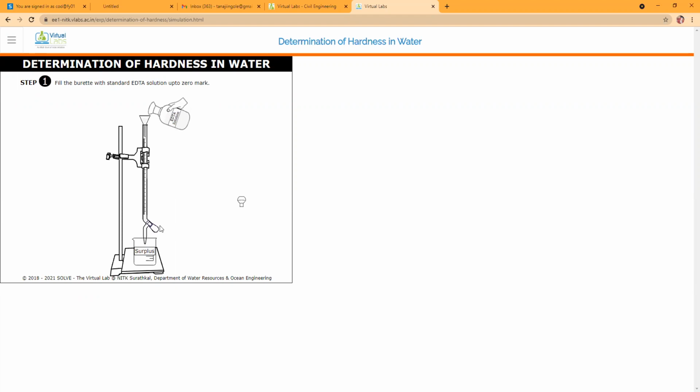Filling of EDTA solution up to the 0 mark. Next, remove the funnel.